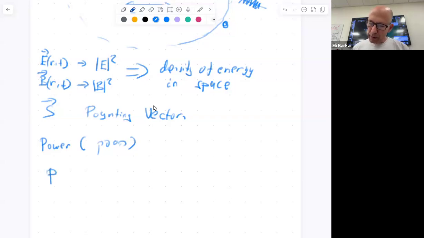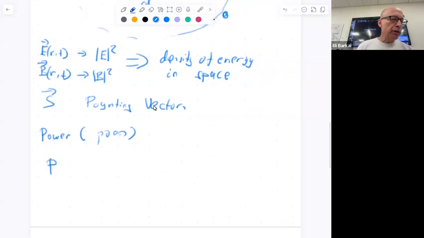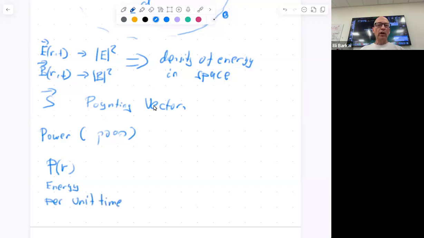So P, not to be confused later with dipole moments that are also P, is a scalar. It depends on R, and the power P is the energy per unit time that is emitted all over the sphere. Now I'm averaging over all the sphere.